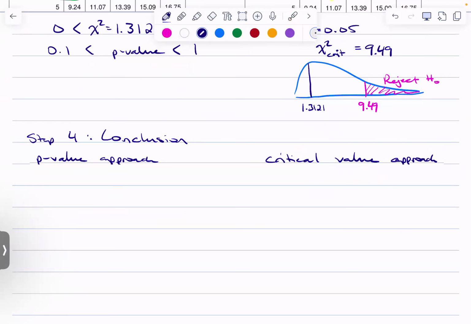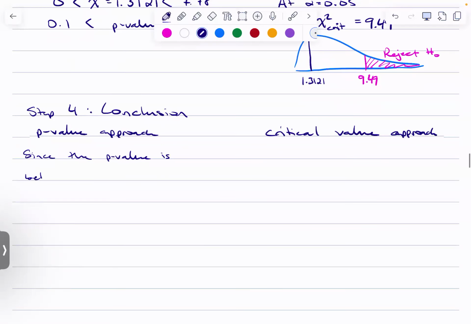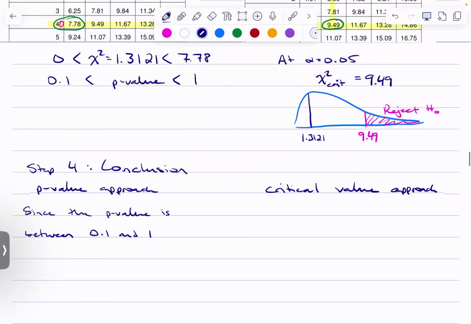Your conclusion for the p-value approach reads like this. Since the p-value is between 0.1 and 1, right? So again, just highlight all the things that you've already worked hard for. You found what the p-value is, so you should tell me in your conclusion what it is.